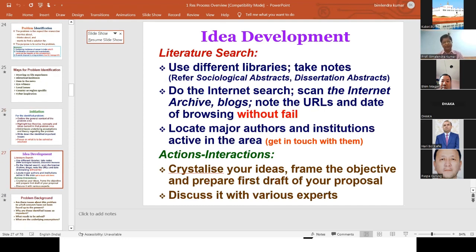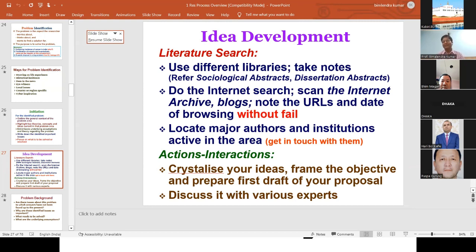Then how can the thoughts and ideas be developed related with those research problems? So there is a need for literature search. We'll discuss what literatures through which we can get an idea. But how the literature can be searched, let us have an idea. Use different libraries.